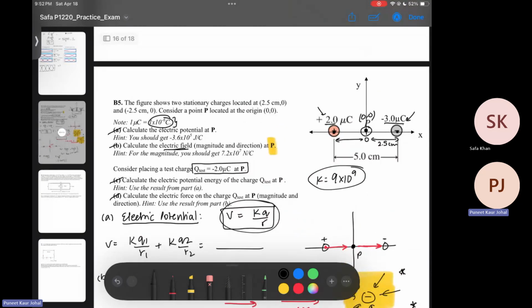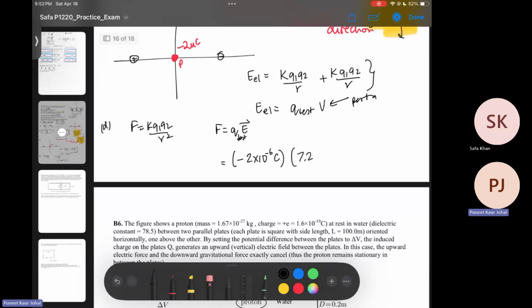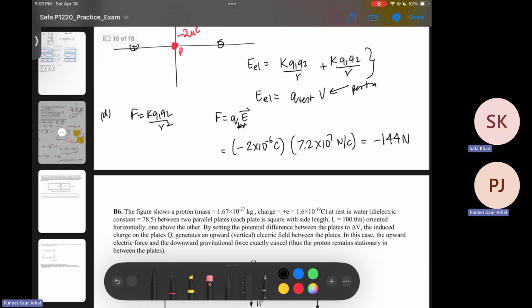Do they give the answer? Yes, 7.2 times 10 to the 7 newtons per coulomb, which means you're going to get a negative 144 Newton force, which means it is going to be in the negative x direction.